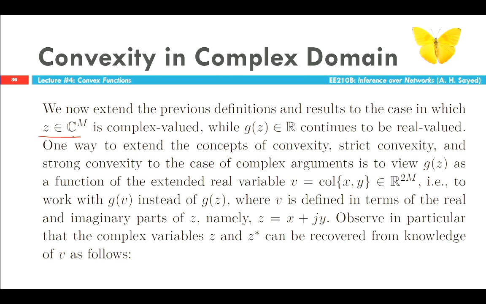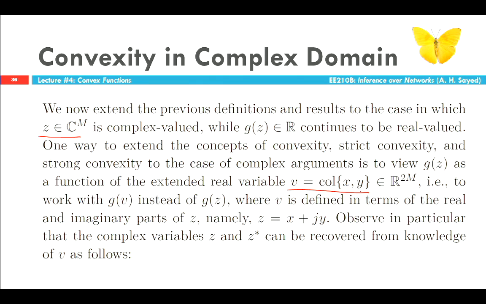So how do I define convexity in this case? One way to do it is to think of Z as this vector (x, y), where x is the real part of Z and y is the imaginary part of Z. G of Z can be thought of as a function G of V. Now it becomes a function of a real argument, but the real argument is twice as large.